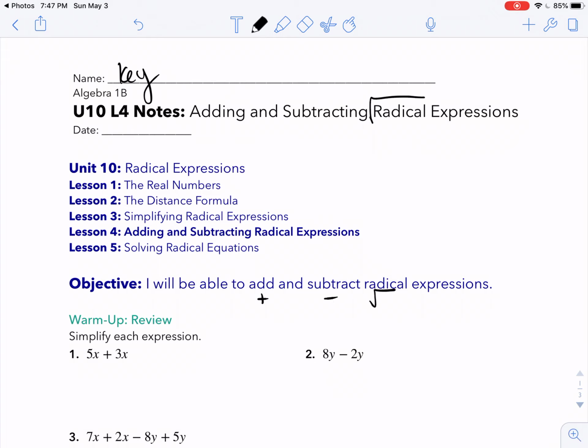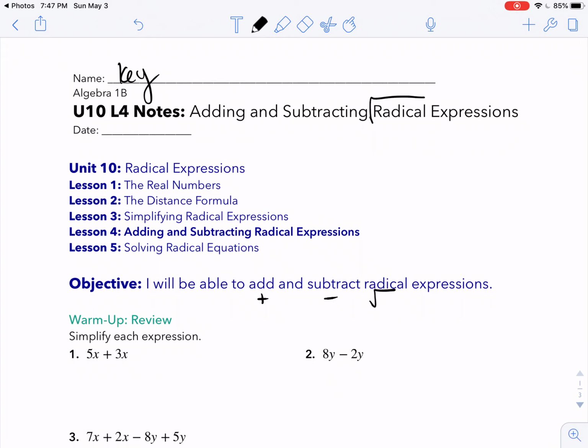Let's factor out a square root of 3. So taking the square root of 3 from our first term leaves us with just 8. Taking our square root of 3 from our second term leaves us with a minus 2. So now we have 8 minus 2 times the square root of 3. Last time I checked, 8 minus 2 is 6. So we have times the square root of 3. And that's it.